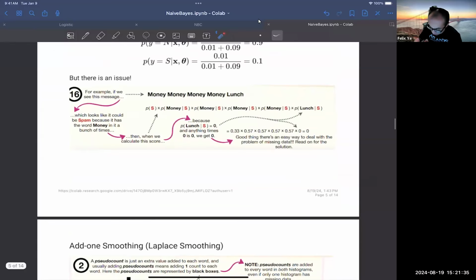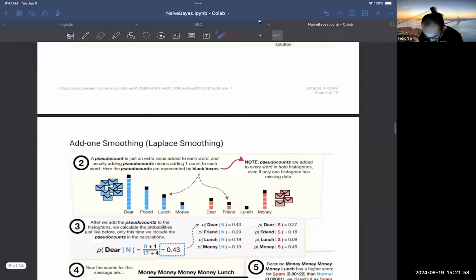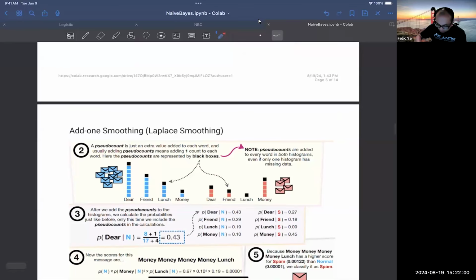You don't want this kind of situation in practice, because when you do naive Bayes with no information for the missing data, you multiply by 0, then the whole probability becomes 0 here.